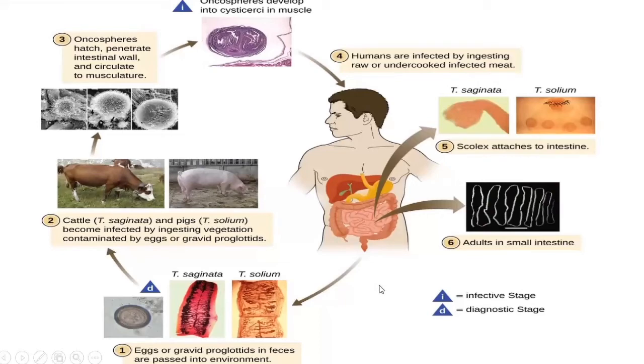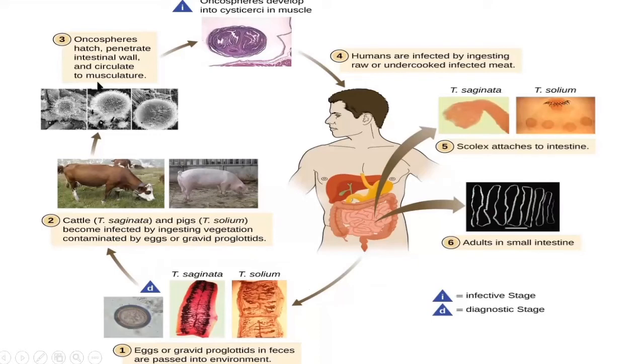So this is how humans are infected by ingesting raw or uncooked infected meat. It starts with eggs or feces passed into the environment, and then the cattle or pigs become infected by ingesting vegetation contaminated by eggs of the parasite.